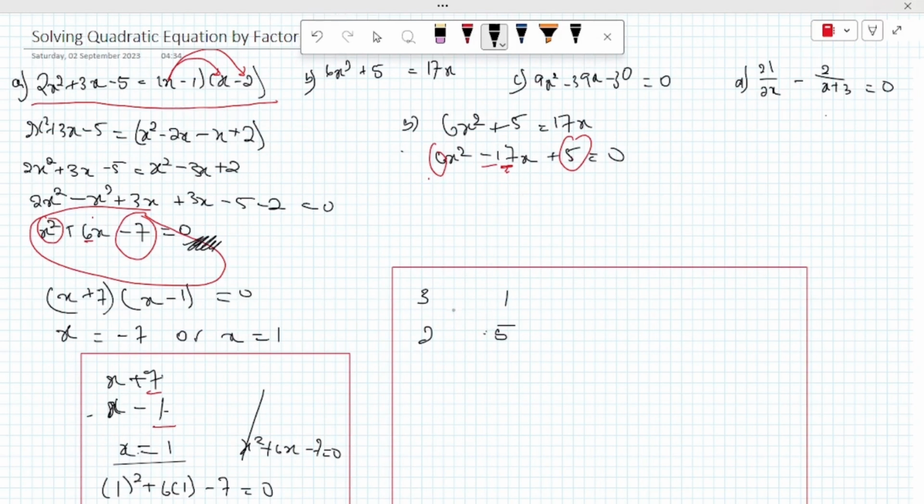So it's going to be 3x, and then 2x, right? Because 2 multiplied by 3... it's going to be 15, and then 15 plus 2. So what you do now, it's going to be minus and minus, right guys? So that's it.